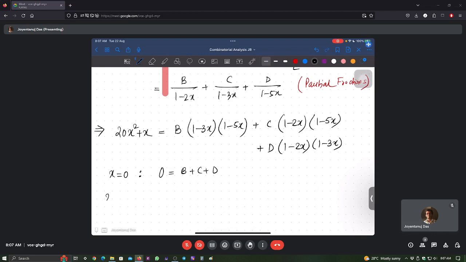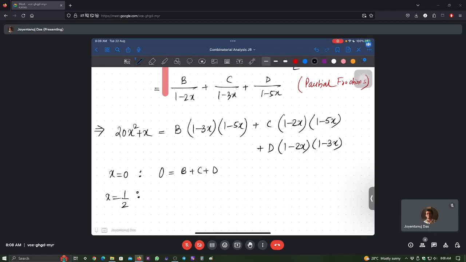So next we are doing half. If I take x equals half, then two terms will become 0, so we are left with only B. Then on the left hand side we have 5 plus half.